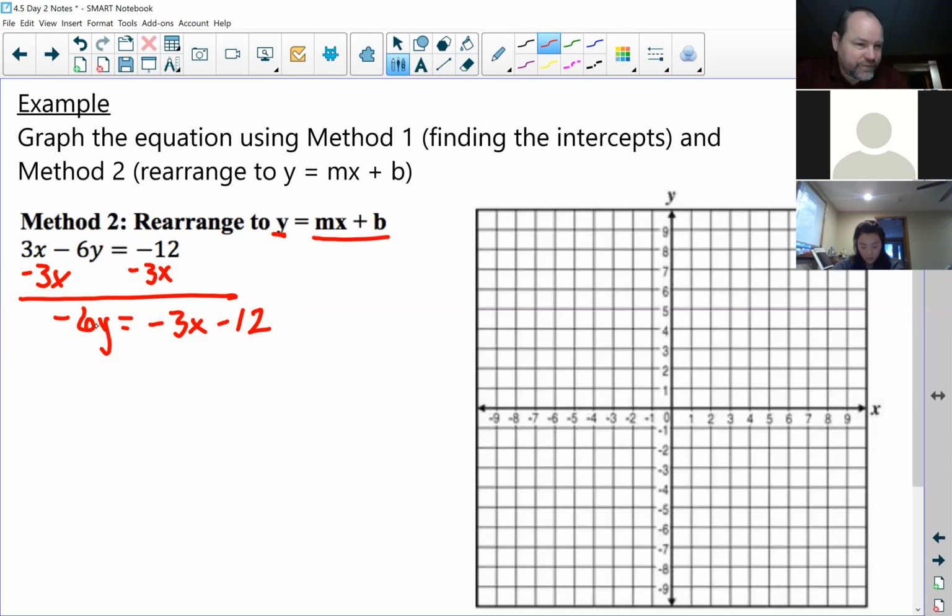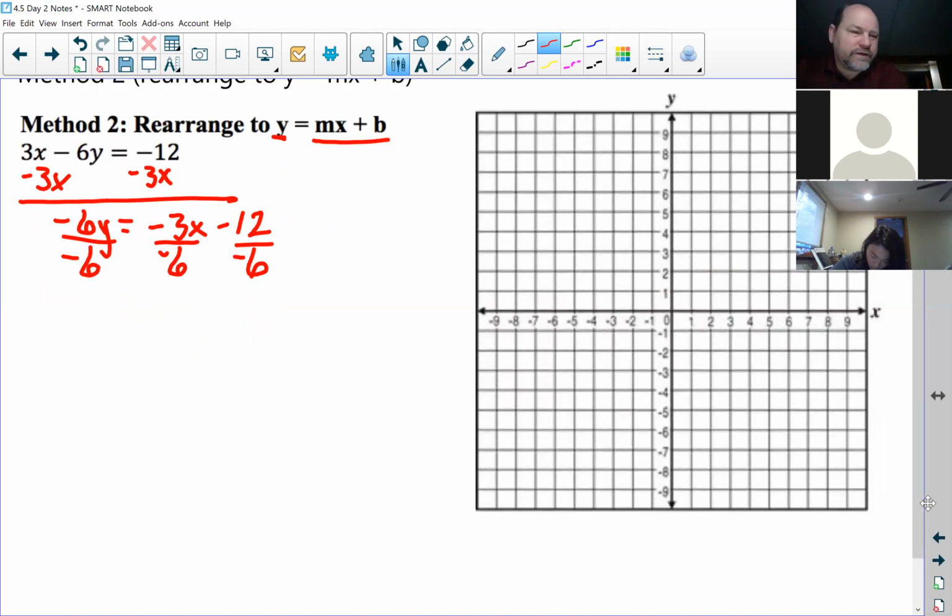So I need to undo multiplying by -6. So I divide by -6. And on this side, I'm just going to divide each term by -6. So anything that's being added or subtracted gets divided by -6. This first, the -3x divided by -6, I'm going to take care of the numbers first.